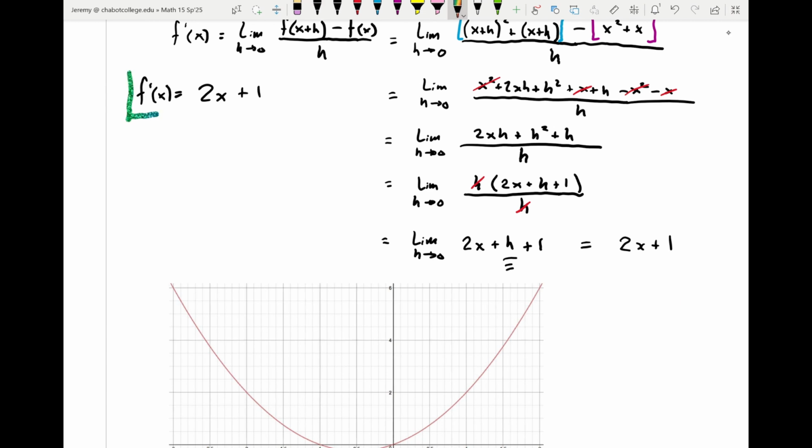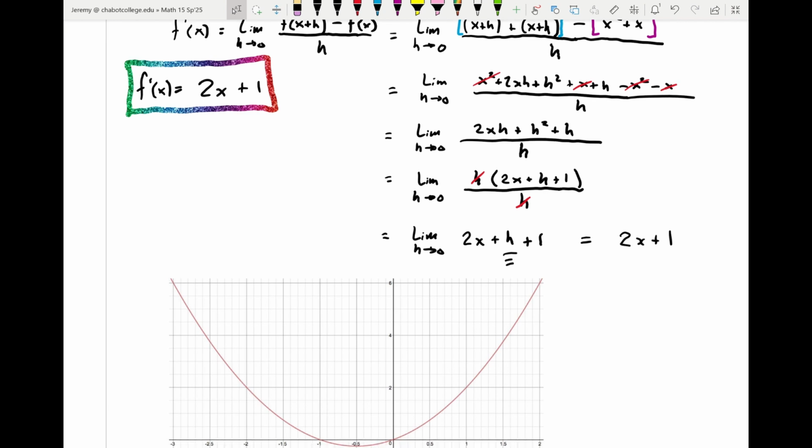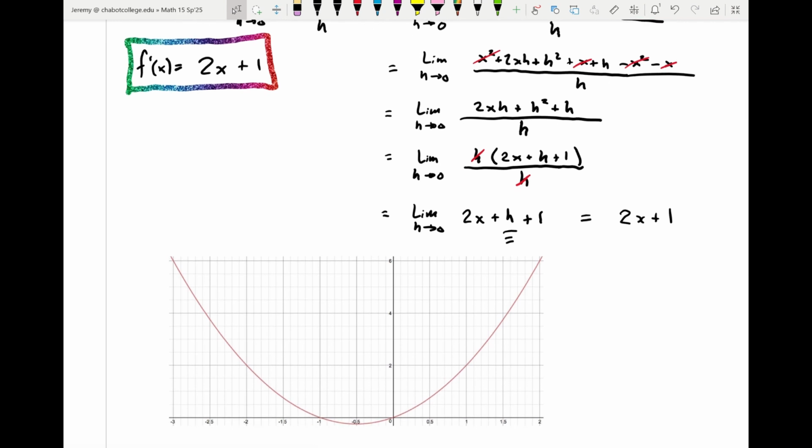So this is interesting. Our answer is a function, right? The derivative is a function. It's not just a real number. So what this derivative does for us is it's essentially a machine which spits out the slopes of tangent lines given an input value x. Okay?